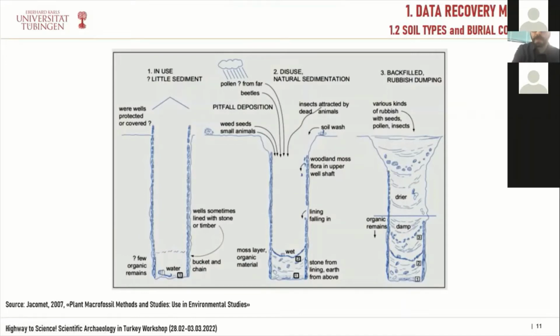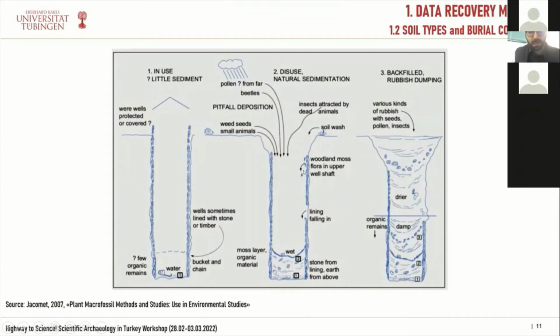But when this feature is abandoned, natural sedimentation processes start. In this second picture in the middle, you can see that sedimentation starts either from here or as the walls of the well start to fall down.